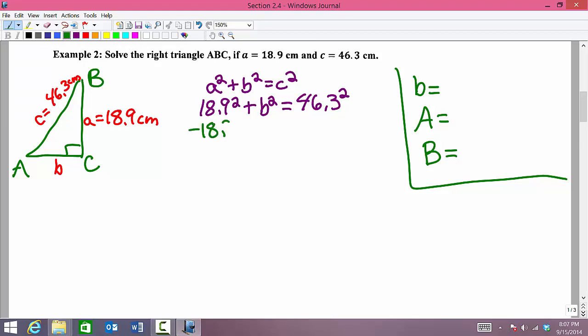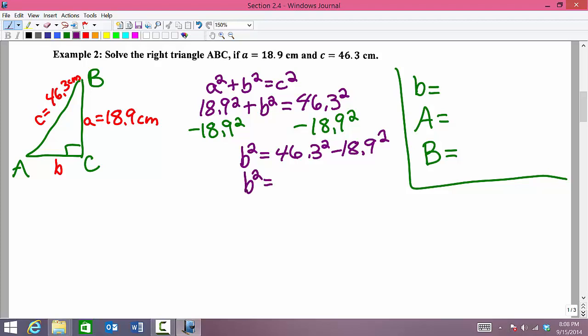So we're going to subtract from both sides 18.9 squared. So we know that B squared is equal to 46.3 squared minus 18.9 squared. We're going to put that into our calculator as we have it. 46.3 squared minus 18.9 squared. And we get that B squared is equal to 1786.48, and we are going to take the square root of both sides.